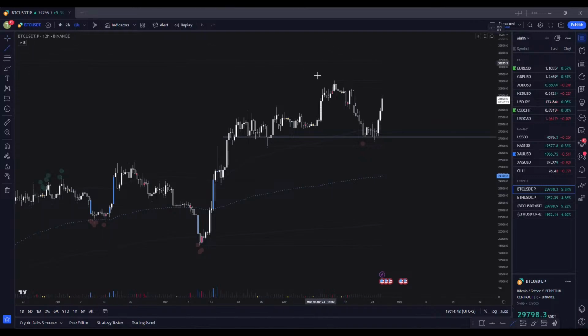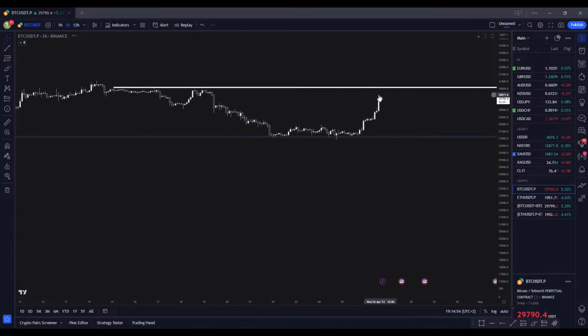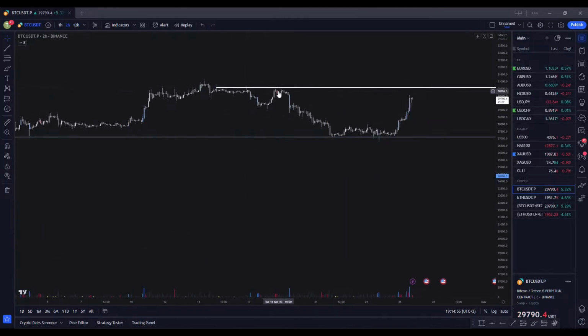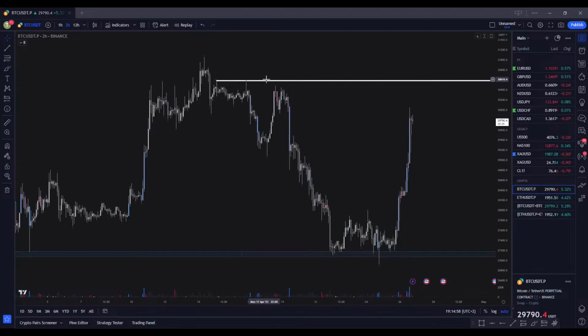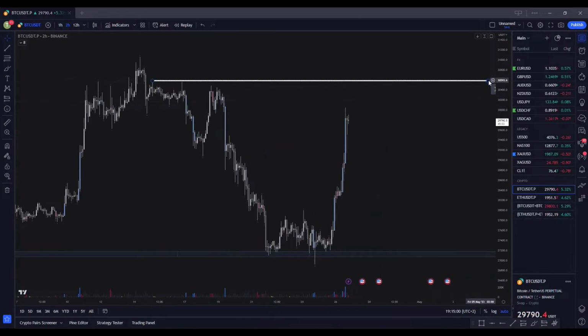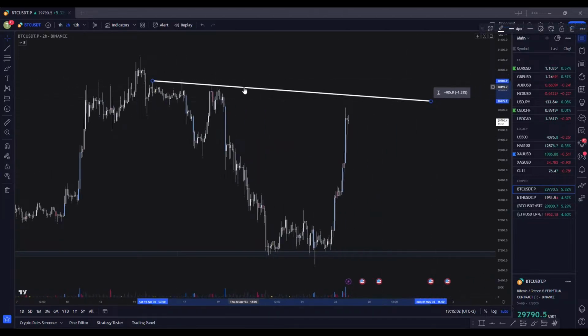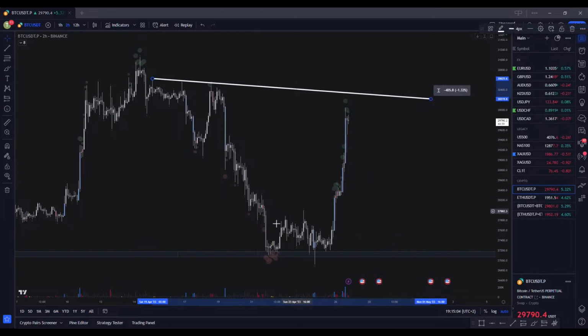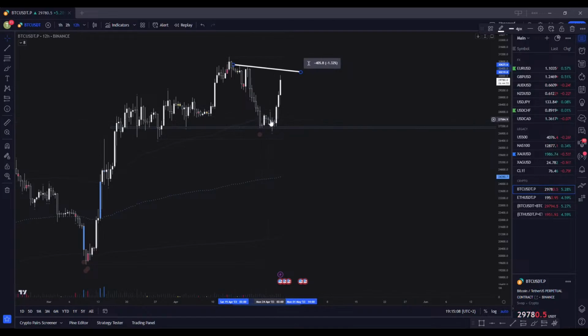So to recap my plan very quickly: I am watching Bitcoin for a reaction above this 30k level. These highs you can see on the 2-hour time frame, this resistance high here, I would like to see these taken before going into any type of shorts. But if we manage to pull back into this area of consolidation that made the leg up, I see this as the break in structure.